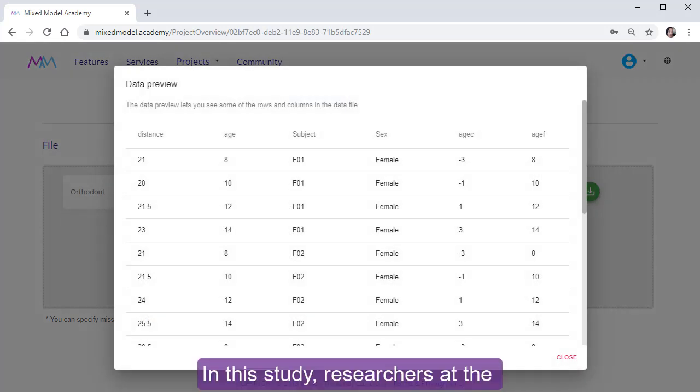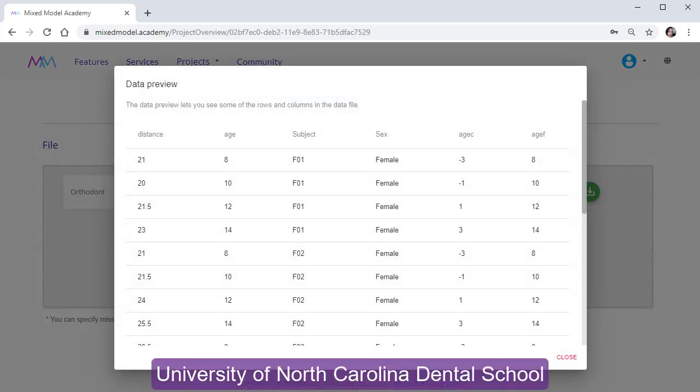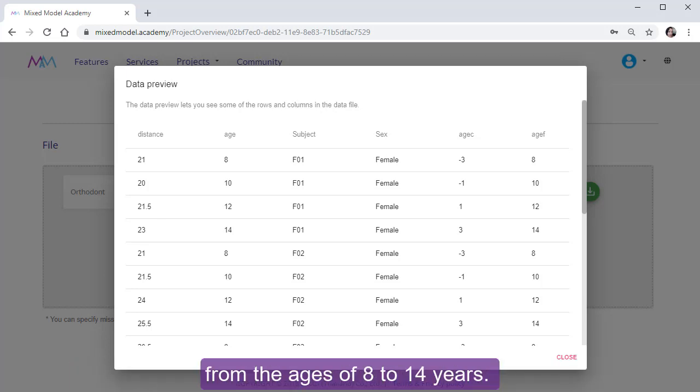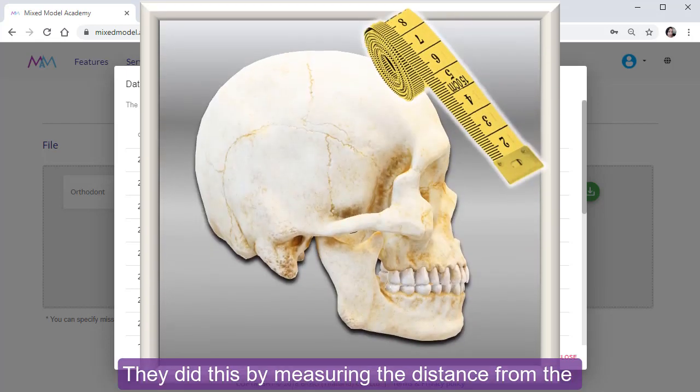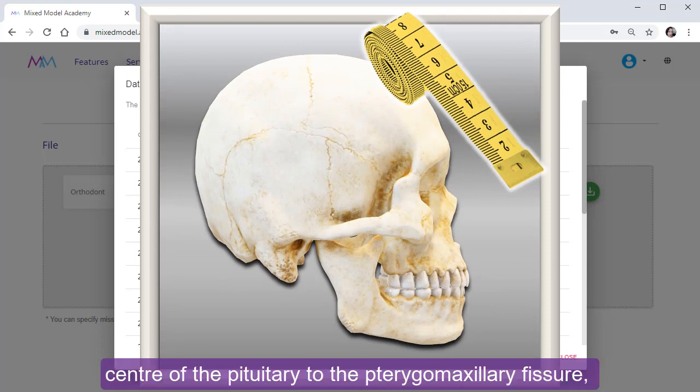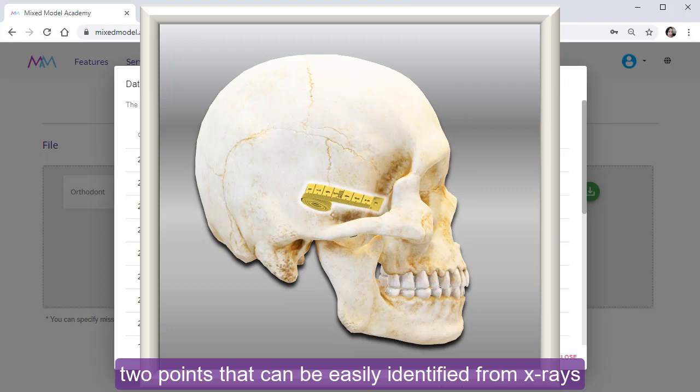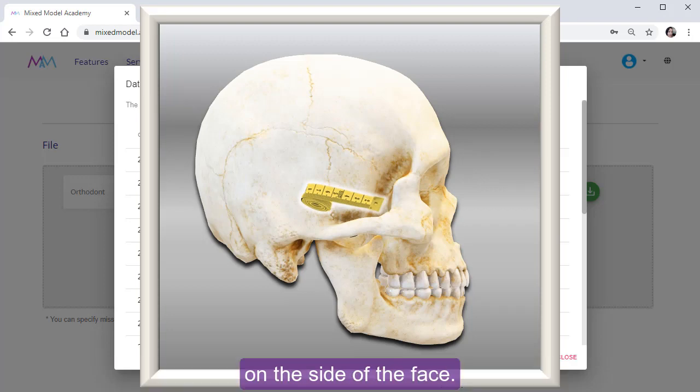In this study, researchers at the University of North Carolina Dental School tracked the orthodontic growth of 27 children every 2 years from the ages of 8 to 14 years. They did this by measuring the distance from the center of the pituitary to the pterygomaxillary fissure, 2 points that can be easily identified from X-rays on the side of the face.